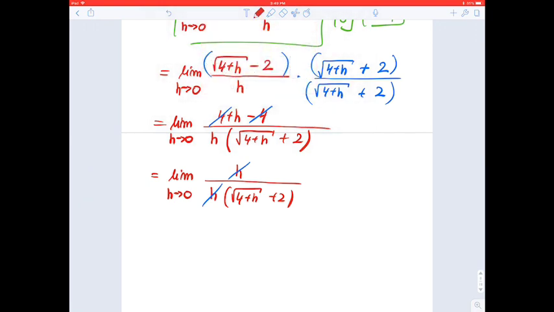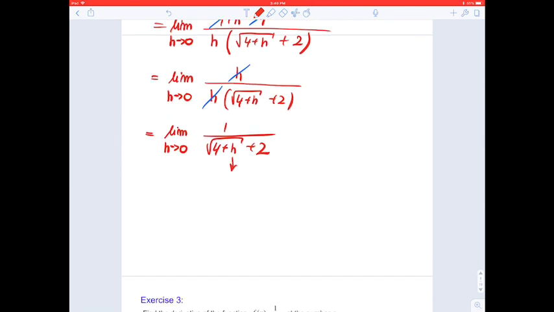H is a common factor, h was the 0. Now the limit as h goes to 0 of the function, square root of 4 plus h plus 2. And now I can substitute instead of h 0. 1 over square root of 4 plus 0 and plus 2. Square root of 4, of course, is 2. 2 plus 2 is 4. This is a derivative of the function root x at 4, 1/4.